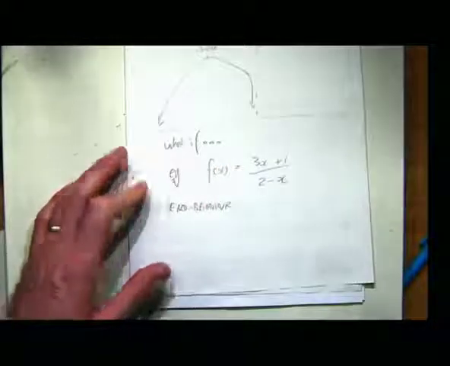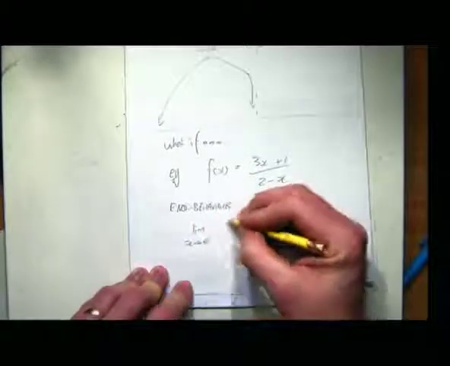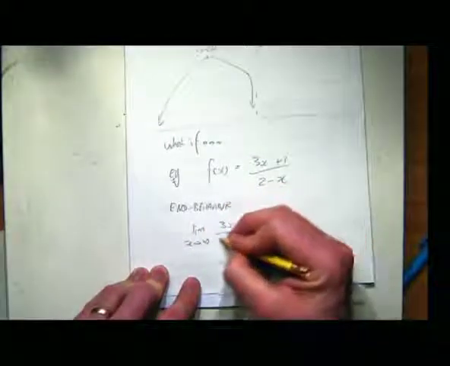Key point that I need to say aloud that I didn't say earlier, that end behavior is based on the original function, not on the derivative. The end behavior of this function is, well, let's see what happens. The limit as x goes to infinity of 3x plus 1 over 2 minus x.